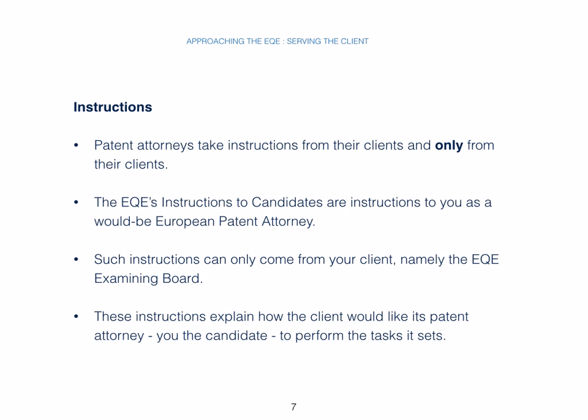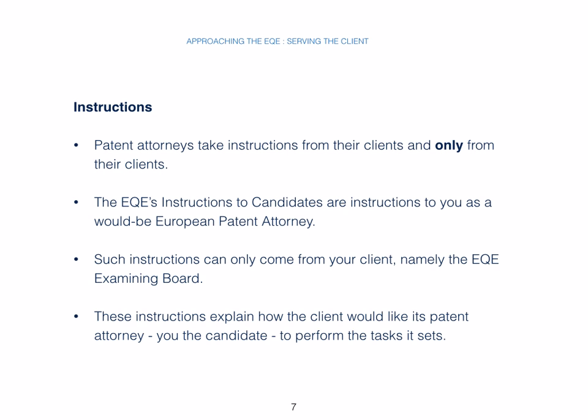The EQE's instructions to candidates that you receive before the examination and are available in the regulations are instructions to you as a would-be patent attorney. Such instructions can only come from a client because you accept instructions only from clients. So therefore, you have to consider that the EQE Examining Board is your client.